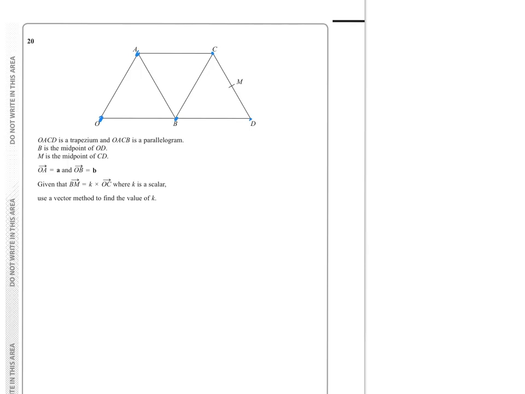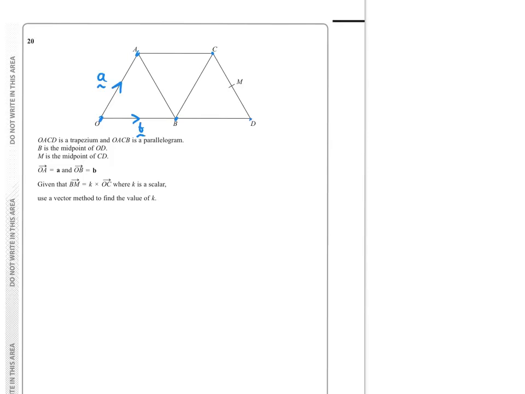So we've also got to notice that M is the midpoint of CD. So that's the diagram, and we're given that OA is A and OB is B. So we can get started here.